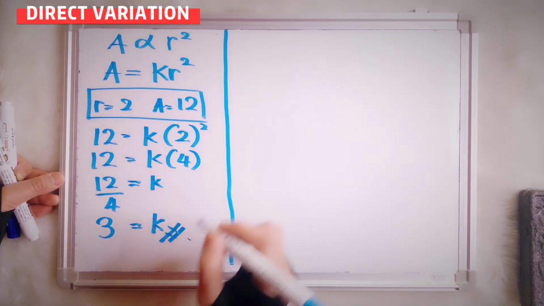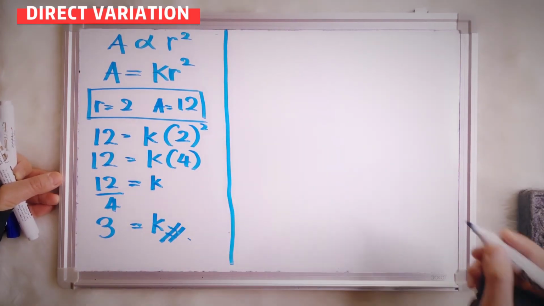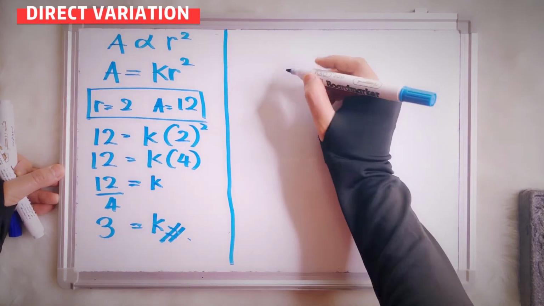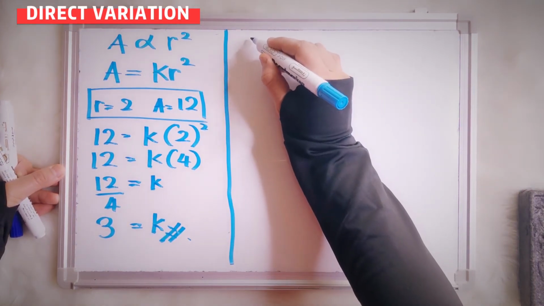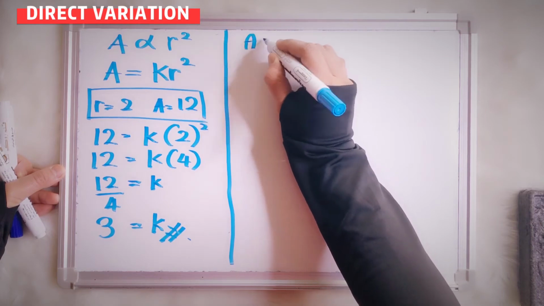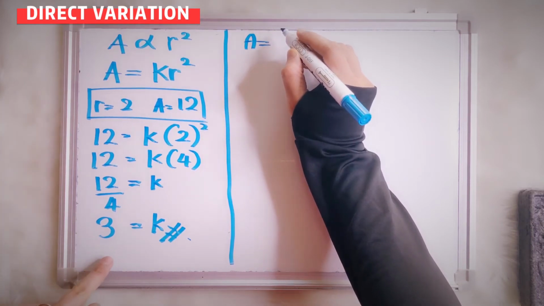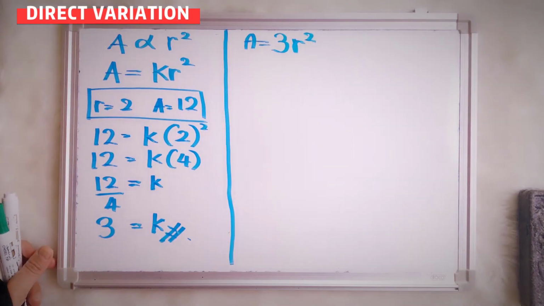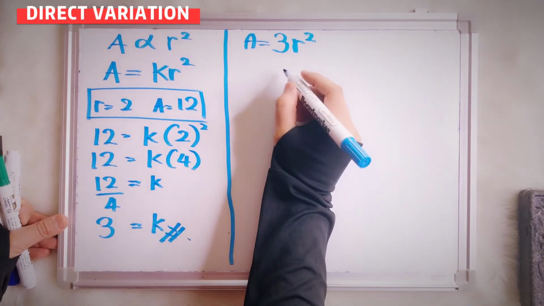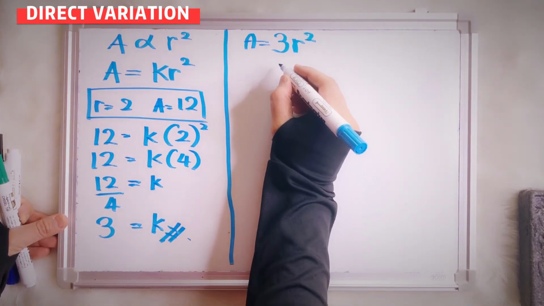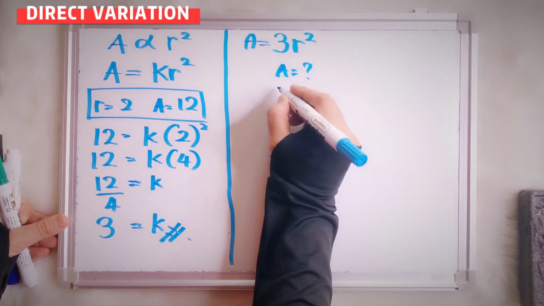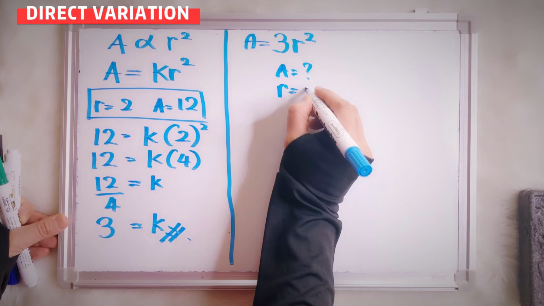Okay, so now you have to do same equation. A equals 3r square. Okay, so now you have to find your A when your r equals 5.